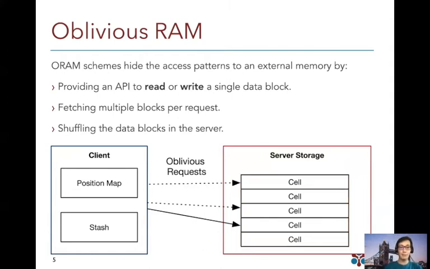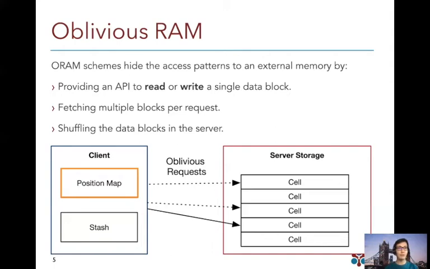And this is possible by having the client keep a stash, which stores the most recently accessed nodes, and a position map that basically assigns each address on the array that's hosted on the server storage a random arbitrary position.